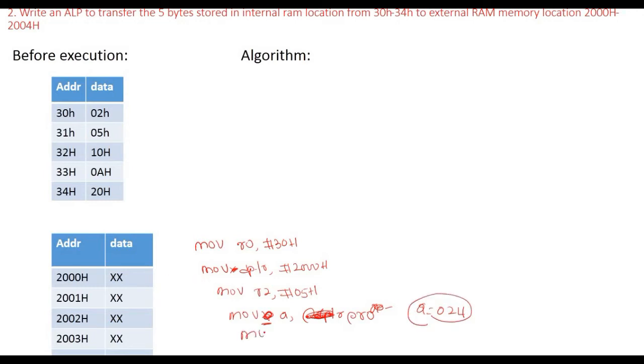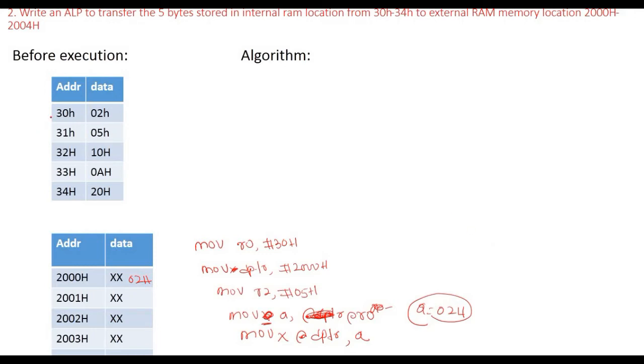That is done by the instruction MOVX @DPTR, A. So DPTR is having 2000H, so the content of the accumulator will go and sit in 2000H. So in 2000H we will have 02H. Okay, so here also we are using the loop concept. So for that we have to move into the next location.